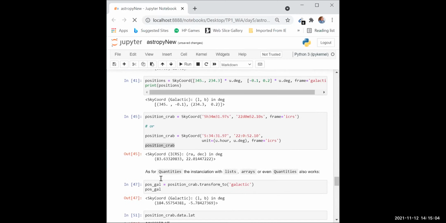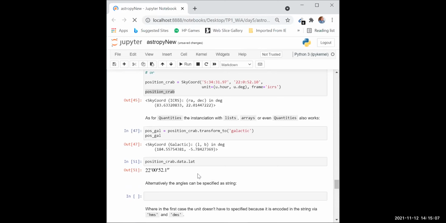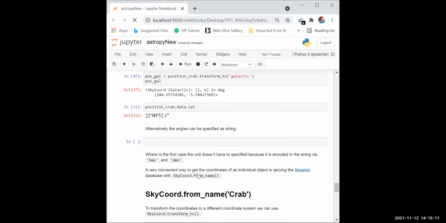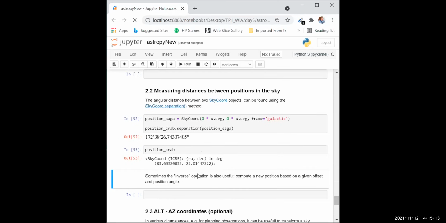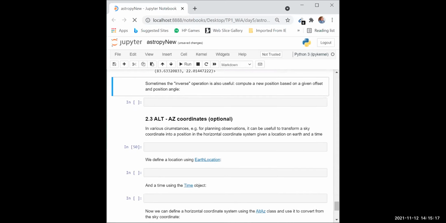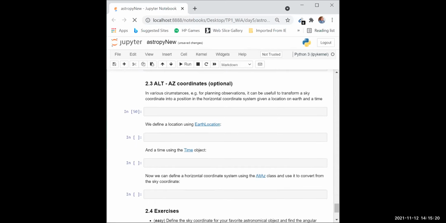So we have looked at this. Now coming to our last aspect, this alt-azimuth coordinate system, which is from Earth location.